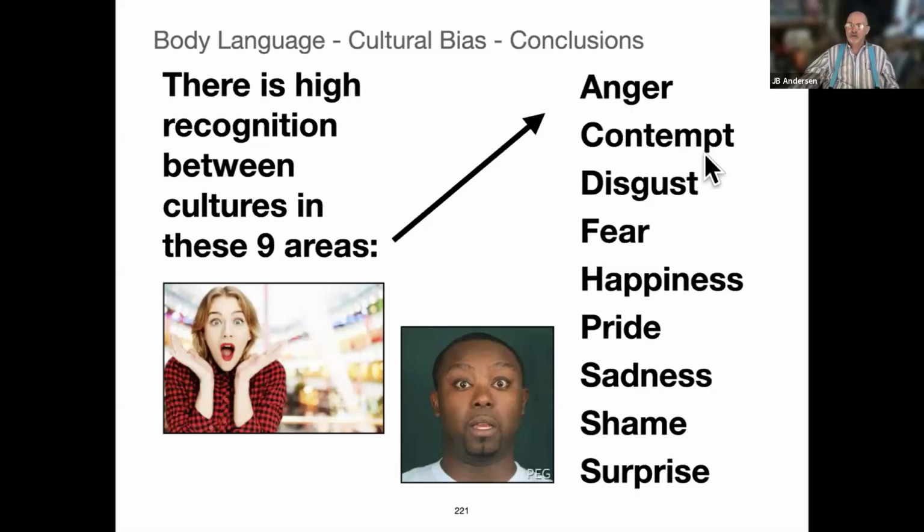Contempt is showing contempt for a person. Disgust, fear, happiness, pride, sadness, shame, surprise. These emotional items tend to have very high recognition between cultures and ethnic groups. You can tell, oh, that person's surprised. Oh, so's that person.